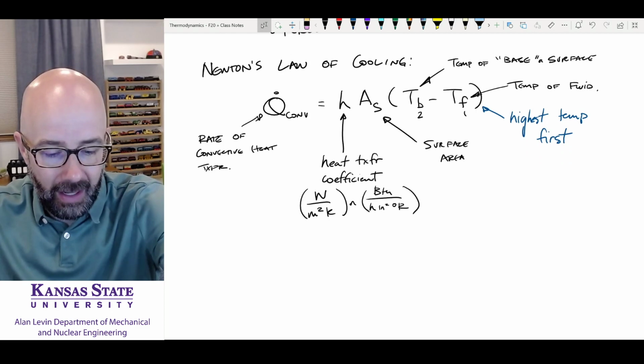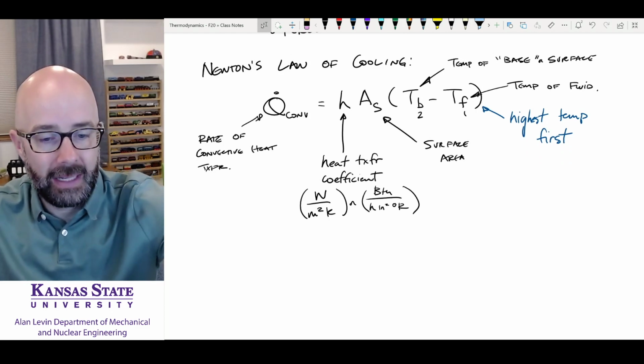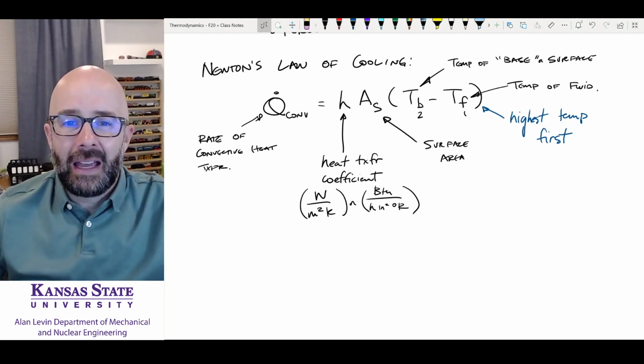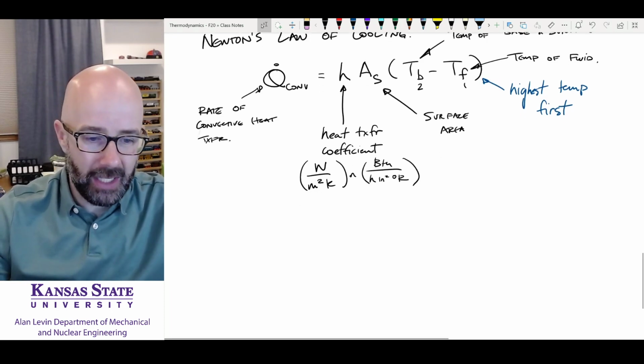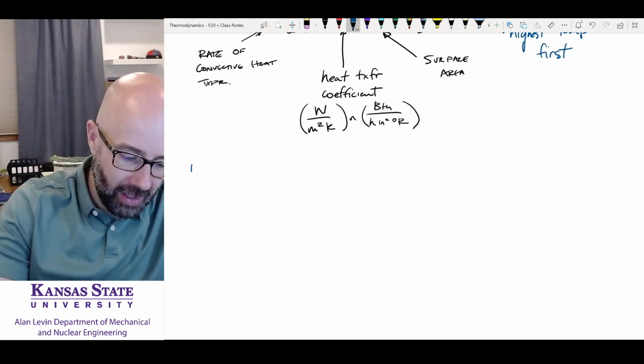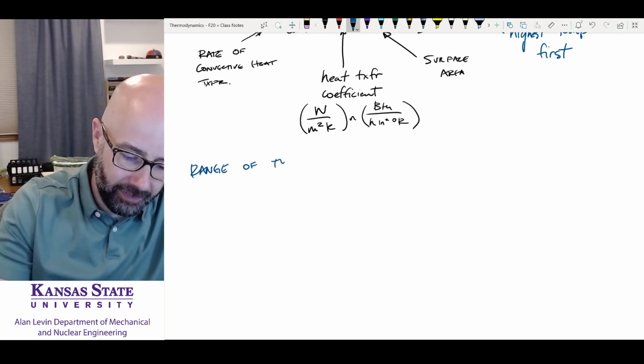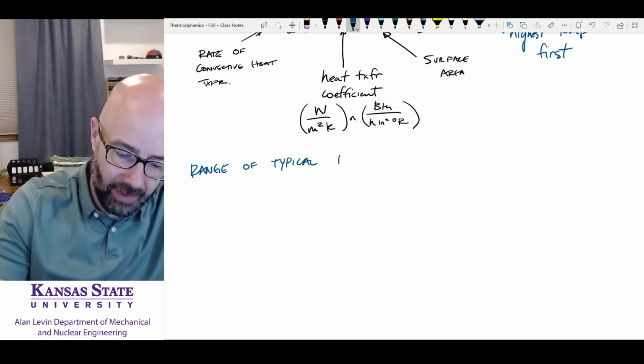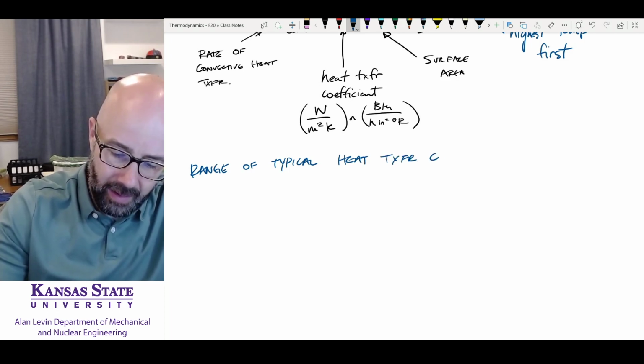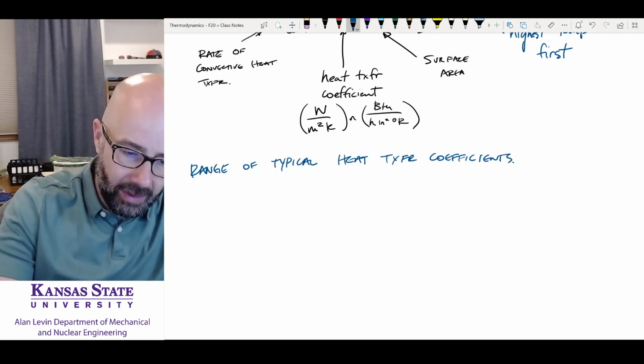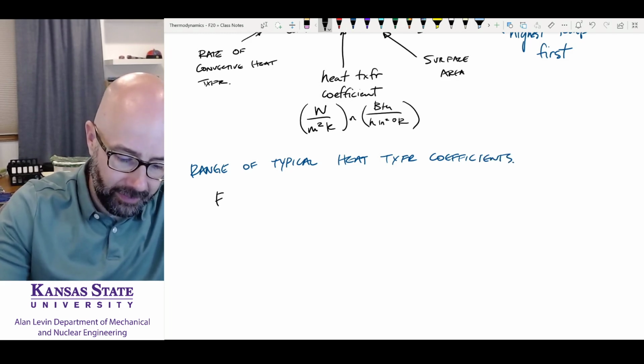All right, here. Now, we have a range of typical heat transfer coefficients. So let's talk about free convection.